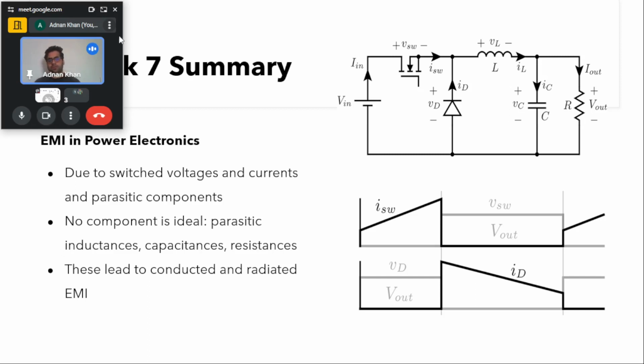So usually here on the right side is the buck converter circuitry, and below you can see the switching voltage and current waveform.